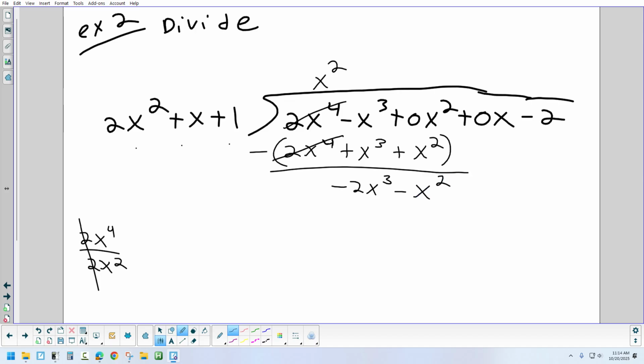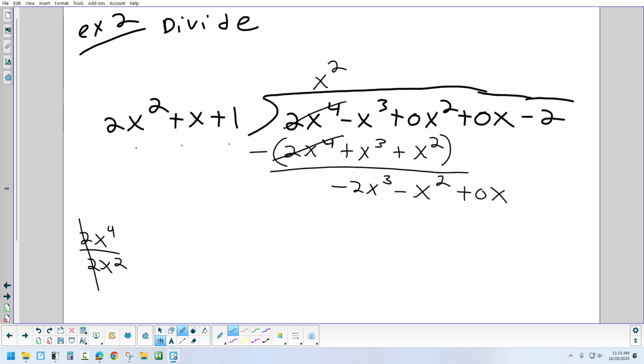Okay, so I did my subtraction. And what do I do next, even though it's technically just a placeholder? Bring down, what am I bringing down? The 0x. It's really just 0, but we're bringing it down to have space for the x column.